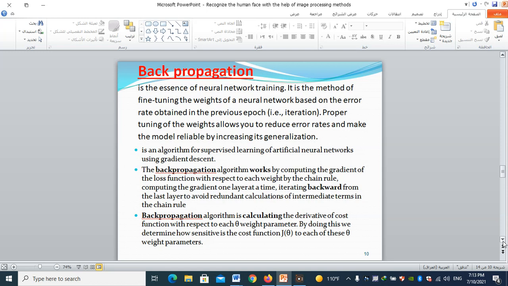It is an algorithm for supervised learning of artificial neural networks using gradient descent.